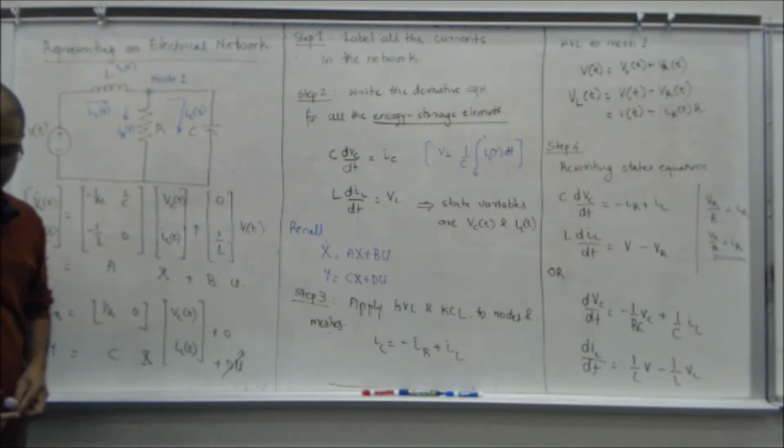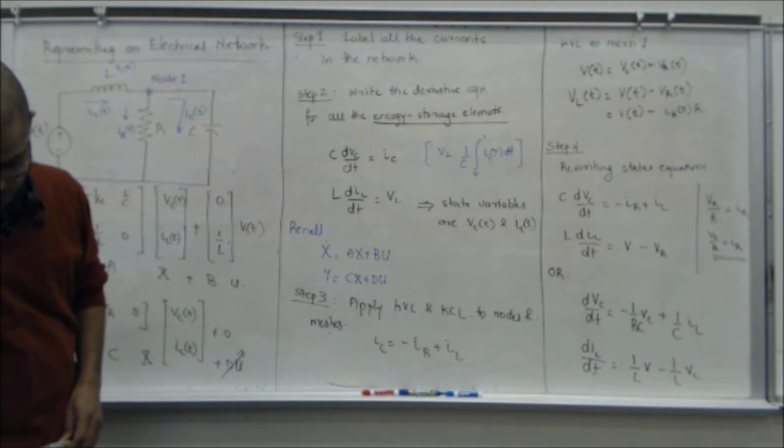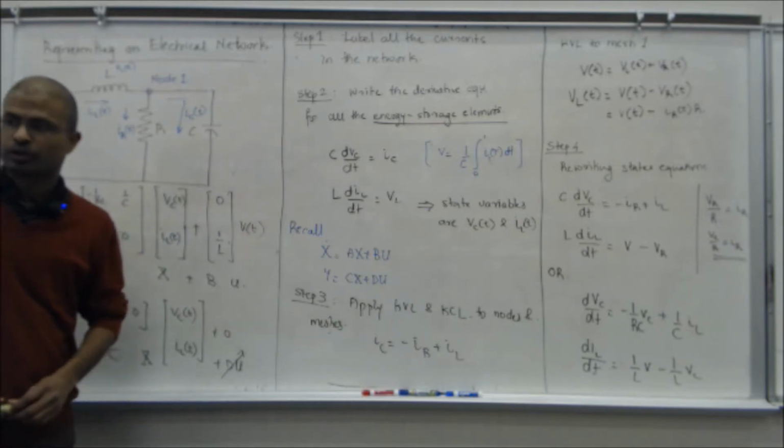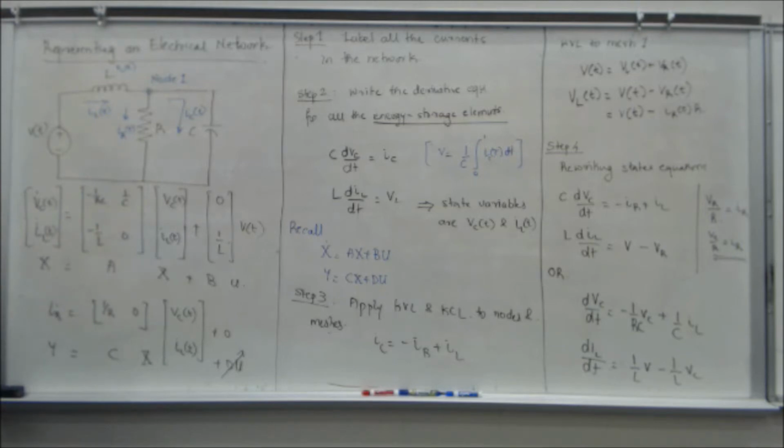That is what it says: find a state space if the output is the current through the resistor. This is the output equation. The resistance to the current, that is what your question is. Why is it resistance through the current? I mean, I get that.